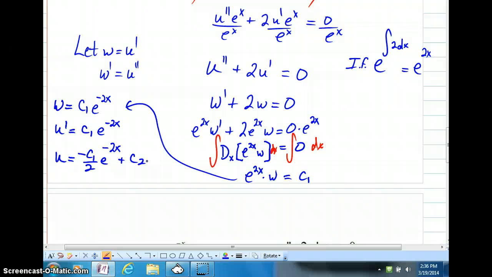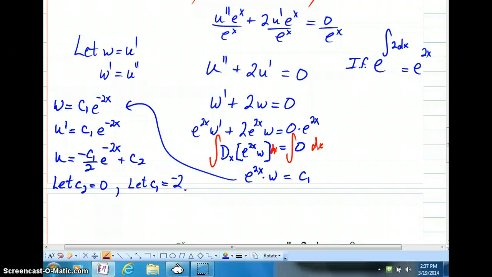Guess what I'm going to choose for c2, because c2 could be billions and billions of numbers. I'm going to let c2 be 0. And I'm going to let c1 equal negative 2. Well, kids might say, why are you doing that? Well, A, I'm going to get rid of the negative with that c1. And then I'm also going to cancel out the 2's. Now, if that's the case, we would have this as a possible answer.